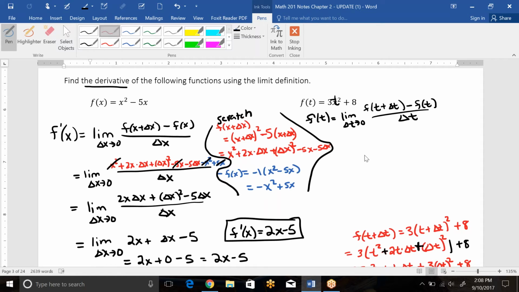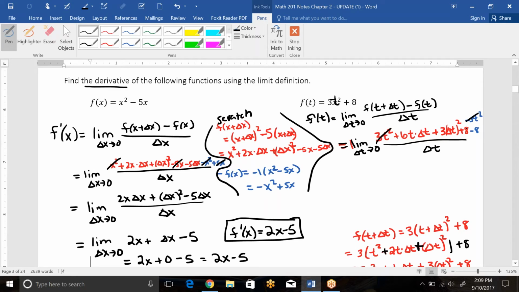Okay, so for the top we had 3t squared plus 6t times delta t plus 3 times delta t squared plus 8, and then our blue was negative 3t squared and negative 8 all over delta t.